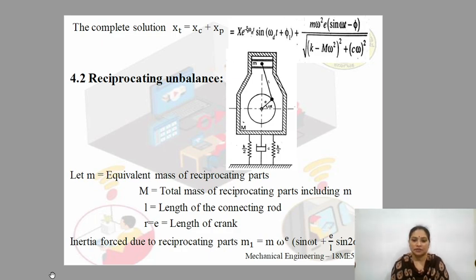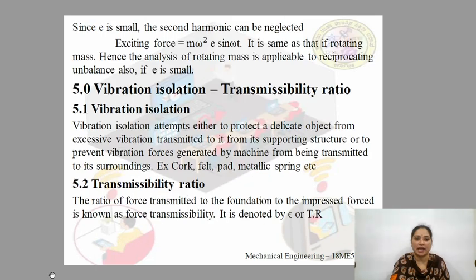Since E by L is small, the second harmonic can be neglected, and therefore the exciting force will be only m omega square E sin omega t. It is the same as that of the rotating mass. Hence the analysis of rotating unbalance is also applicable to reciprocating unbalance if E by L is small.